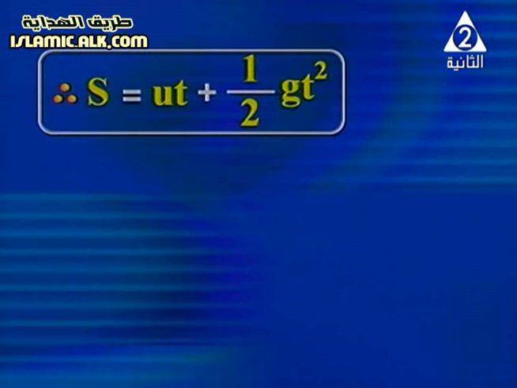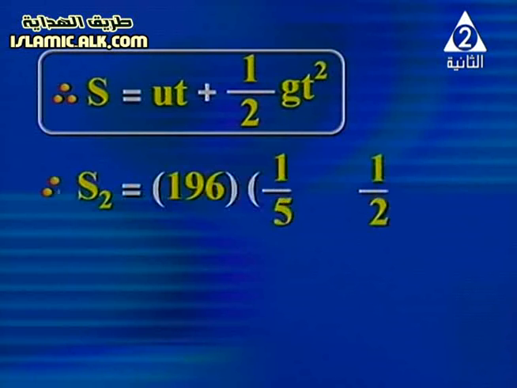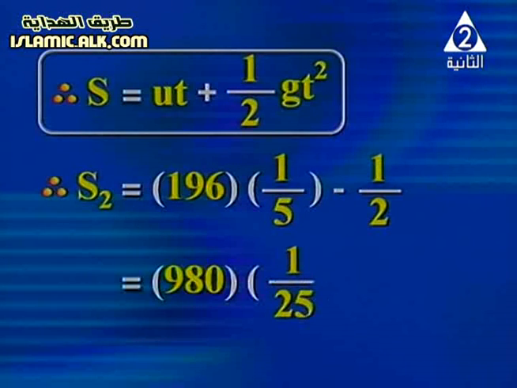After that, we substitute in the second equation to find S2. S2, the distance, equals initial velocity times t plus half gt squared. After substitution of u, t and g, we find the value of S equals 19.6 plus 1 over 2 times the values, which gives 58.5.